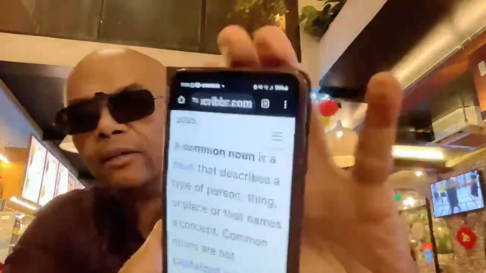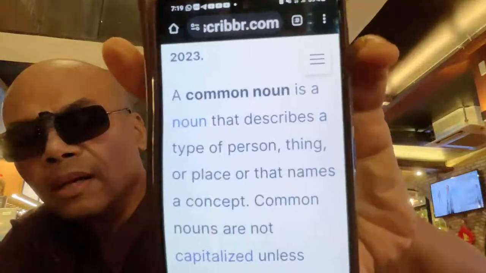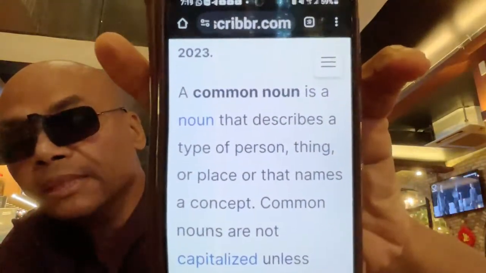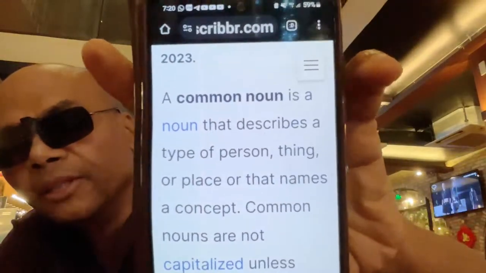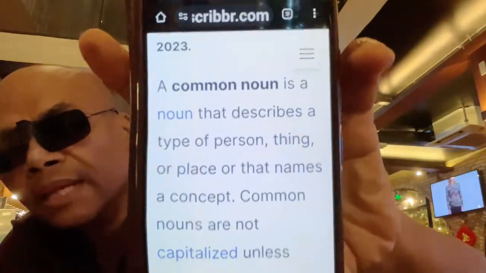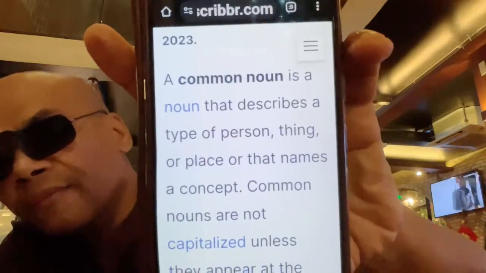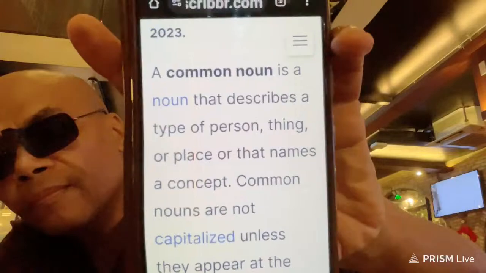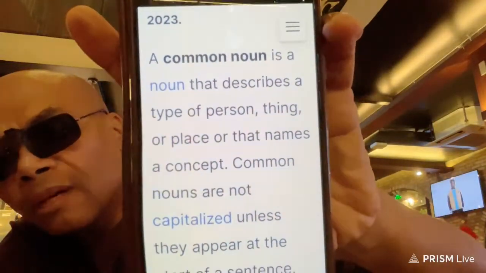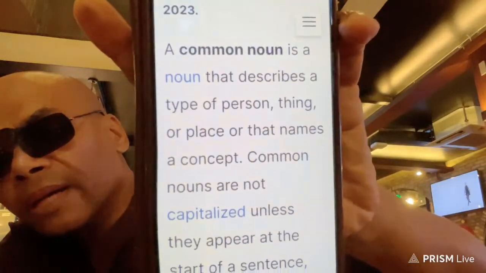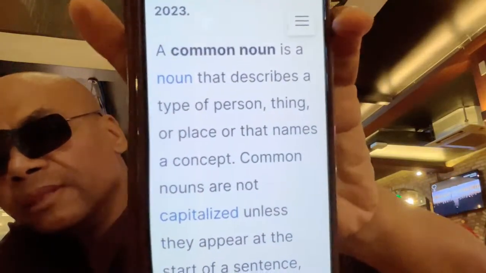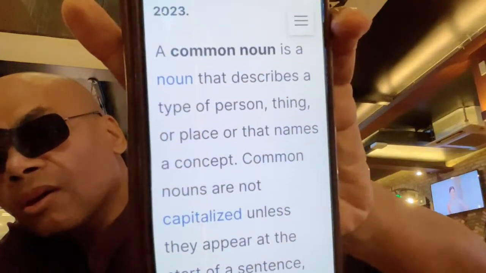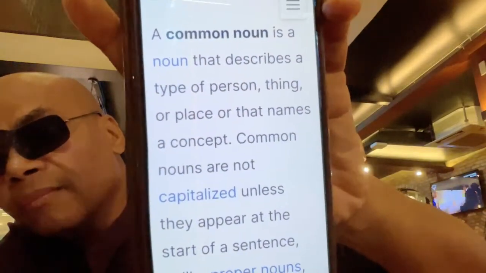Okay, so a common noun is a noun that describes a type of person. Well, your nationality, your bloodline, the instructions of your ancient foremothers and forefathers that you must keep. The book of the law. Okay? So a common noun is a noun that describes the type of person, thing, or place, or that names a concept.